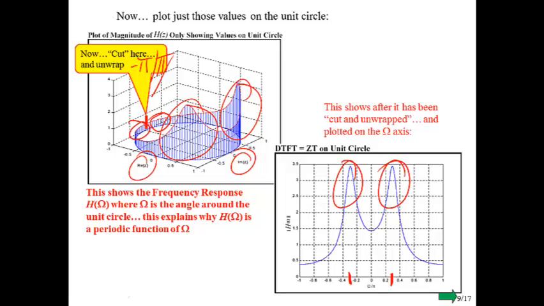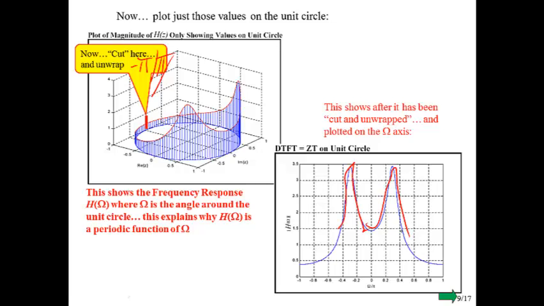Now it's not exact, just because of the way that it pulls the surface up, but we're going to have a peak in the vicinity of the angle where the pole exists. And we also have this idea that the closer the pole is to the unit circle, the more pronounced this spike is going to be. In this case, we had poles that were at 0.8. That's pretty close to the unit circle. If those poles were at 0.2 away from the origin, then we would not be seeing such pronounced peaks.